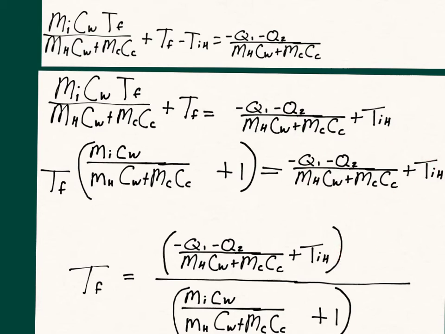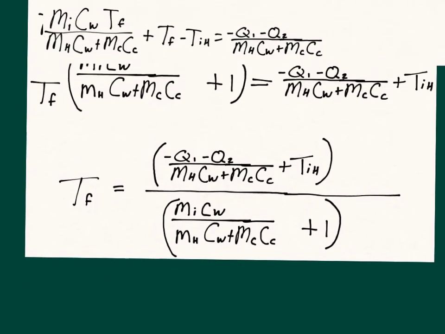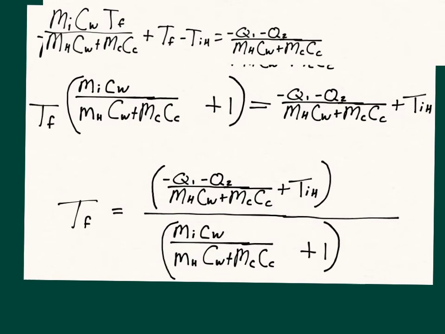And the final thing is, because the final temperature is multiplied by everything over here, if we divide this to this side, we can isolate the final temperature. That's all that's done, is to divide the other term to this side, and that is the final answer. So make sure you get your plus initial temperature of the hot on top of this expression.